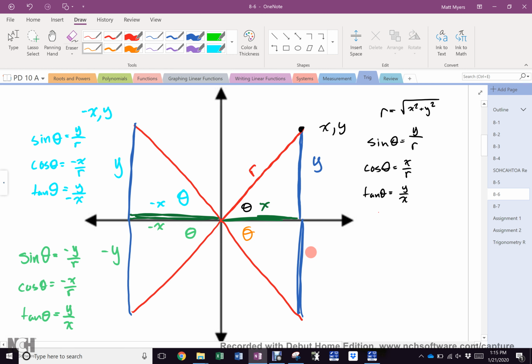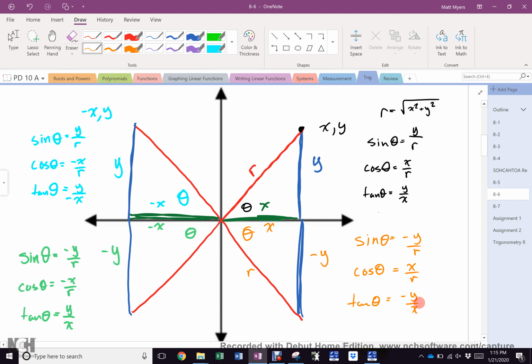Orange theta. What's this? What's sine of orange theta? Negative y over r. What's cos of orange theta? X over r. What's tan of orange theta? Negative y over x.